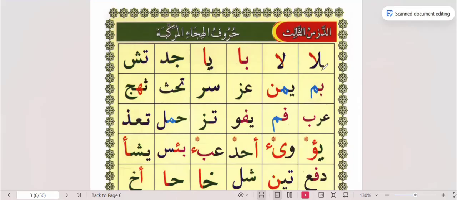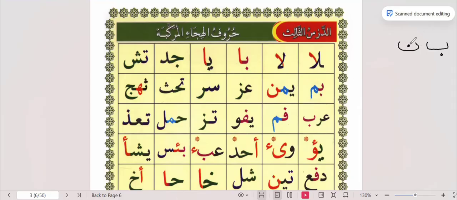To make it easy, the beginners should know some most important fundamental things. Ba will always have one dot and noon also has one dot.